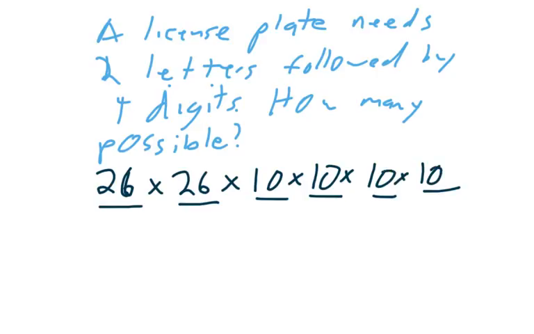So we multiply 26 times 26 for the 2 letters, followed by the 10 for the digits 4 times. That turns out to be 6,760,000.